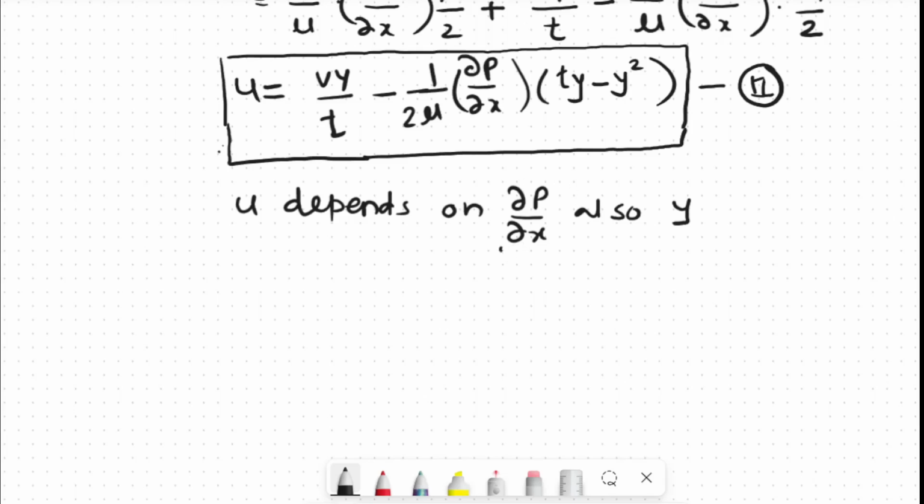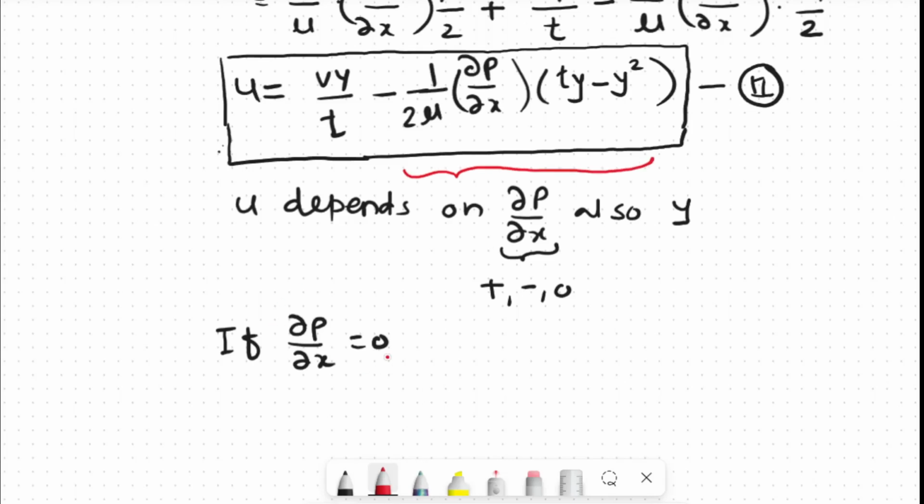This pressure gradient may be positive or negative, or it may be zero. So if delta p by delta x is equal to 0, if there is no change in the pressure, what will happen? This whole term will become 0. So I'll get u is equal to Vy by t.